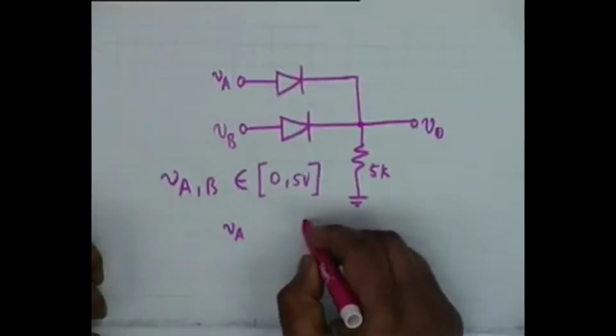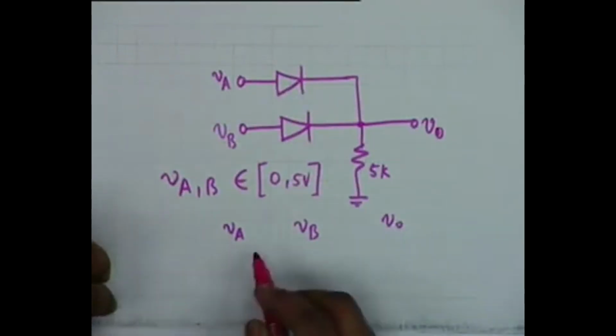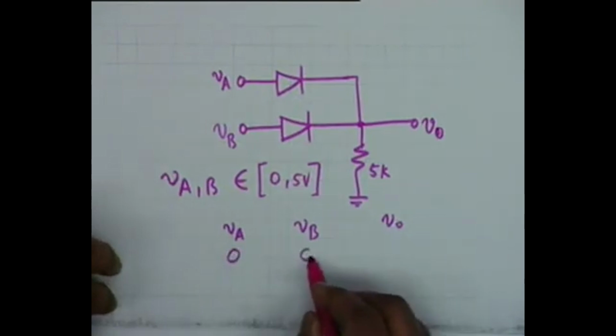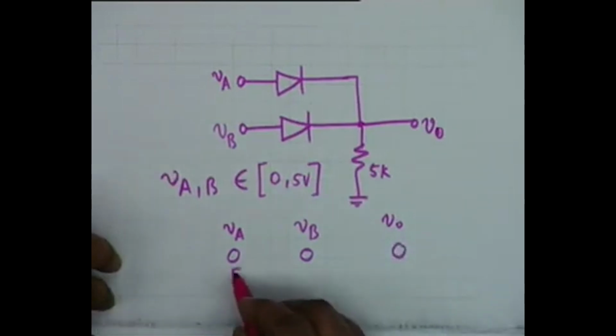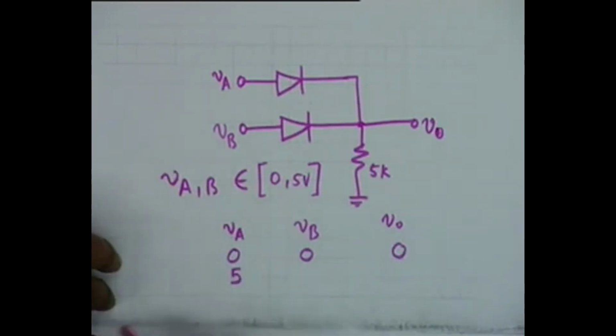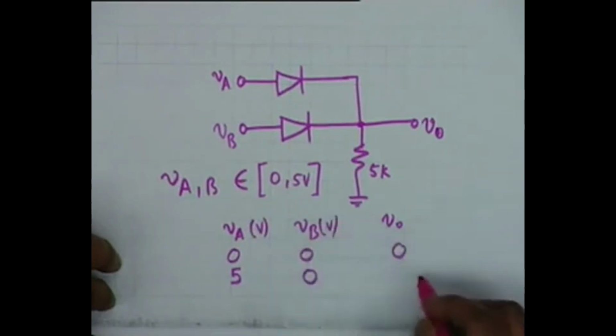You see, VA, VB and V0. Suppose VA is 0, VB is also 0. Then V0 shall be equal to 0. If VA is 5 volt and VB is 0, then V0 is 5 volt.